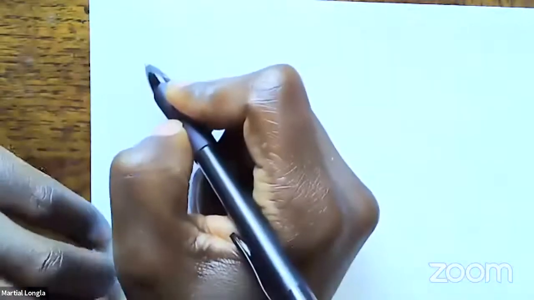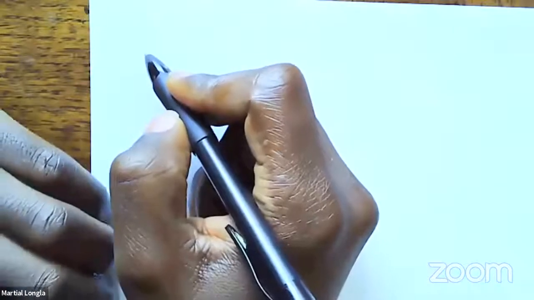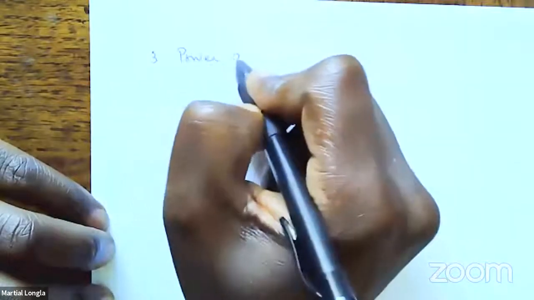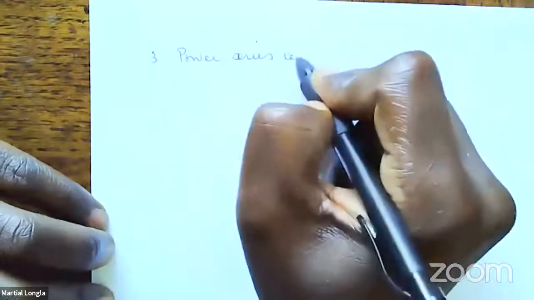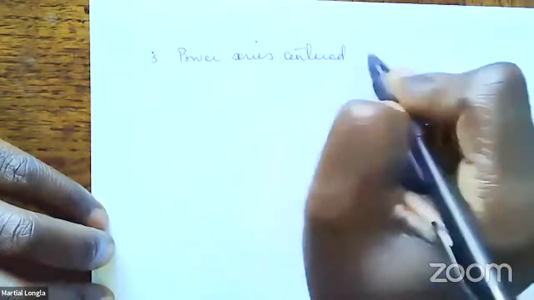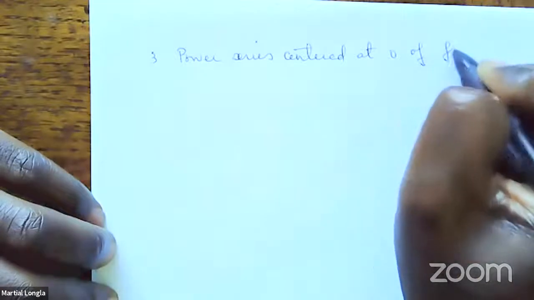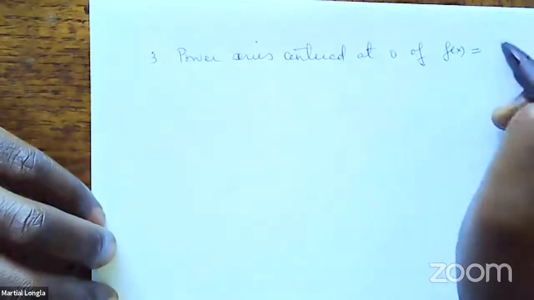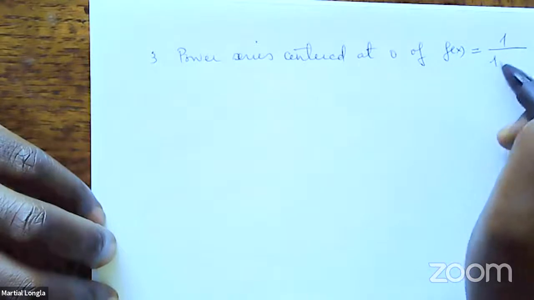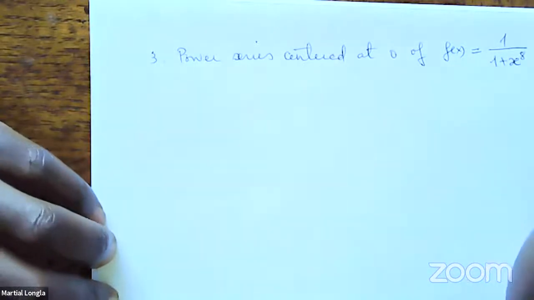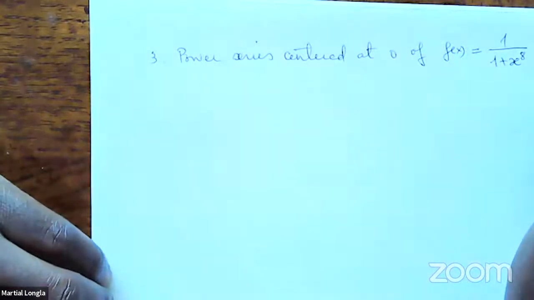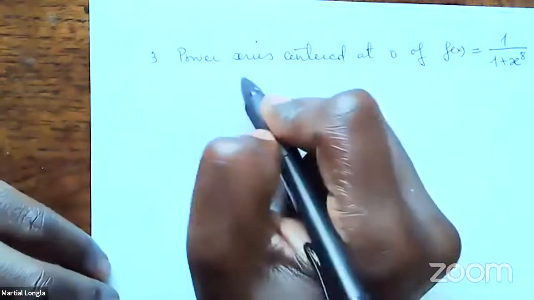So the other question was like asking you to do backwards what we just did. Find the power series centered at 0, and then the interval of convergence.